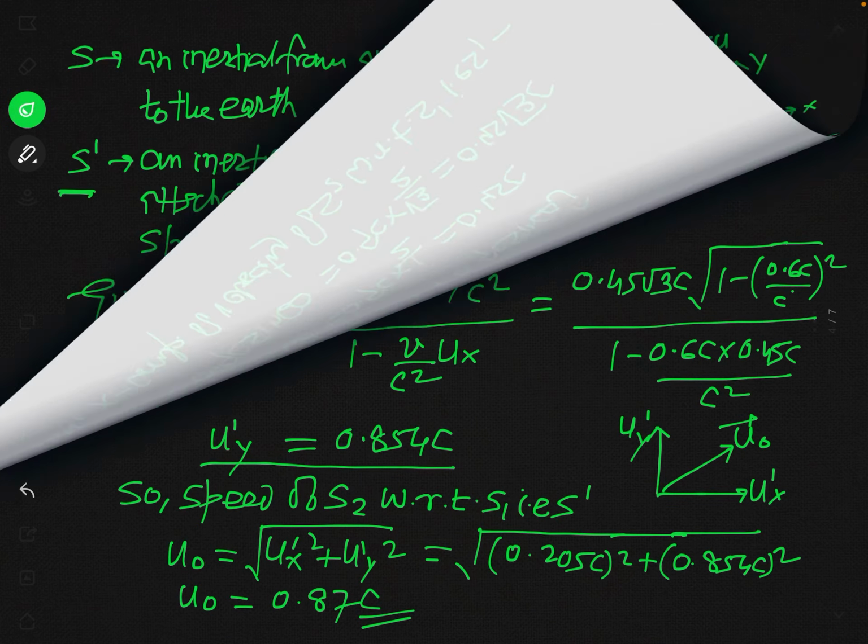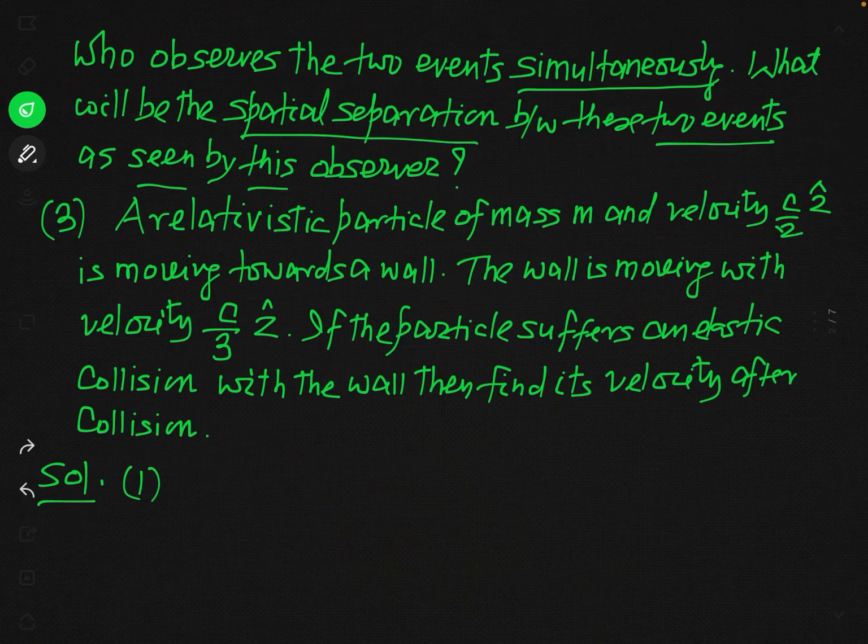The third problem says that a relativistic particle of mass m and velocity c over 2 z hat, where z hat is a unit vector along the z direction, is moving towards a wall.